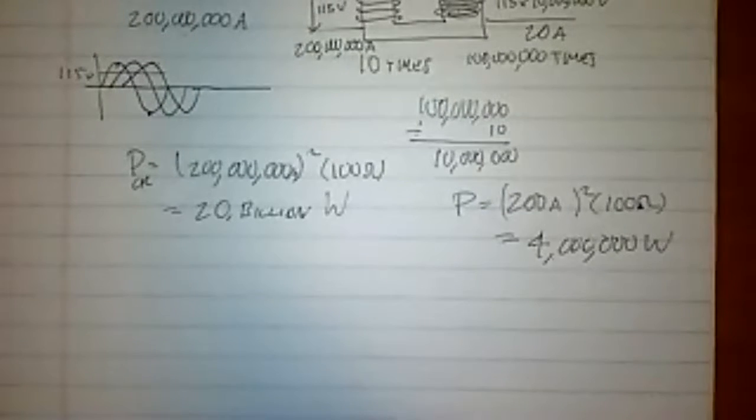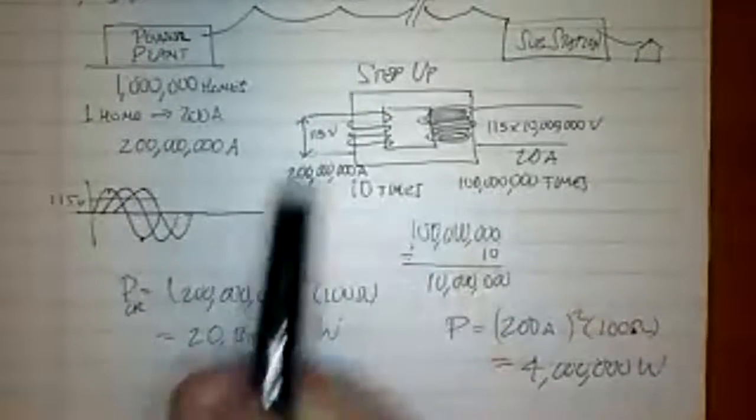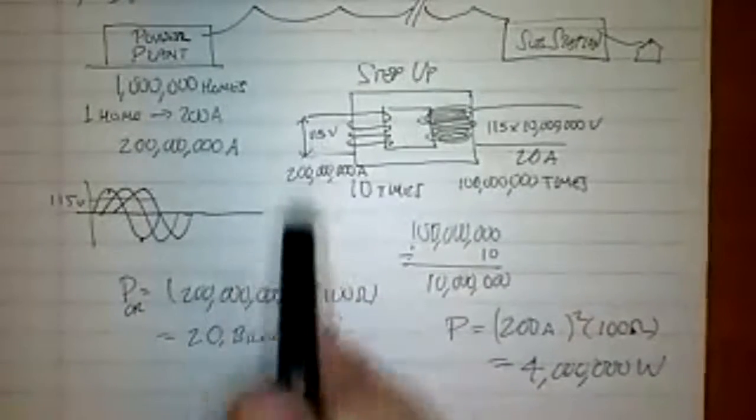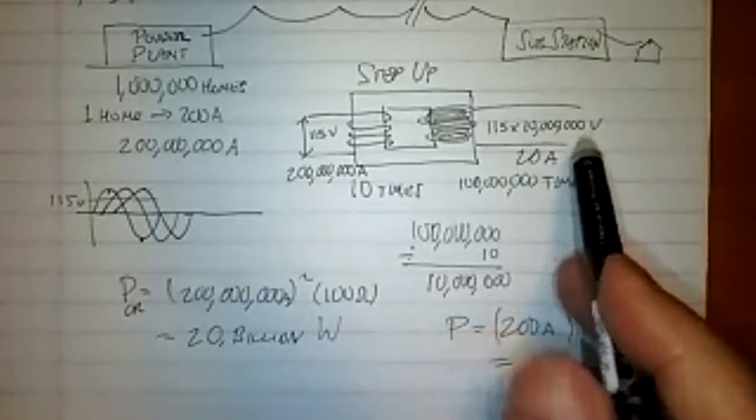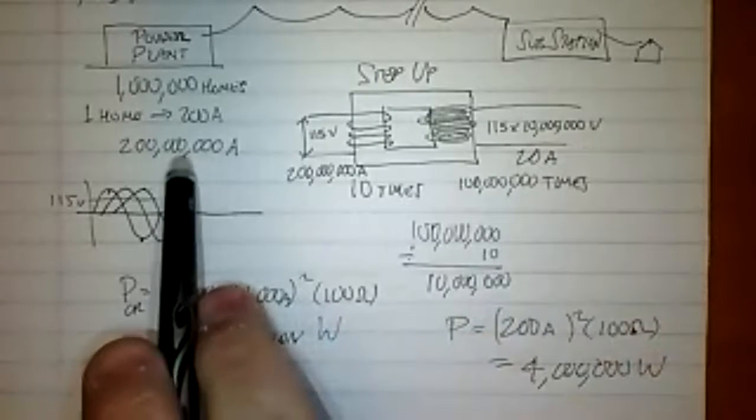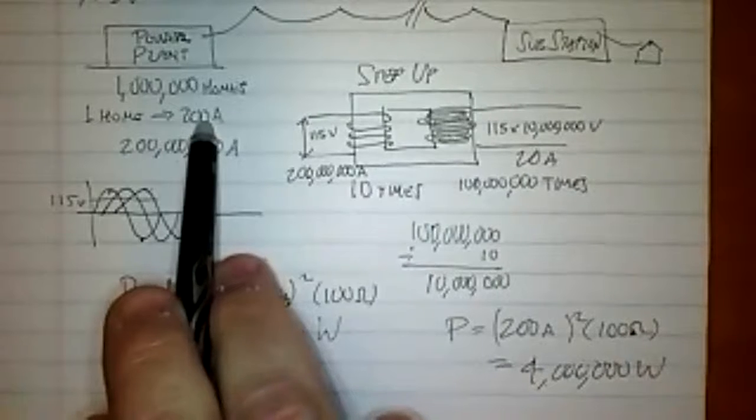So using just rough numbers, obviously the 1,000 I just pulled out of my ear, the main thing is that by switching from a voltage of say 115 to a voltage of 115 times 10 million, I dropped my current from 200 million to 200 amps.